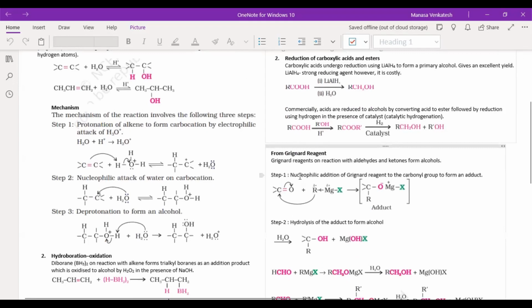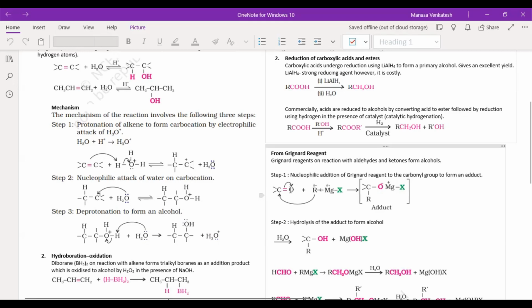Next is from Grignard's reagent. Grignard's reagent is RMgX. I'm sure you've learned about it even in haloalkanes and haloarenes. Here, the R group has a partial negative charge and the magnesium atom has a partial positive charge.